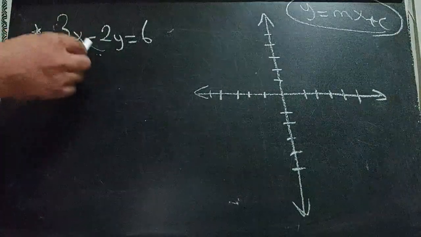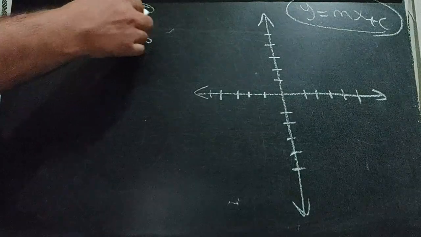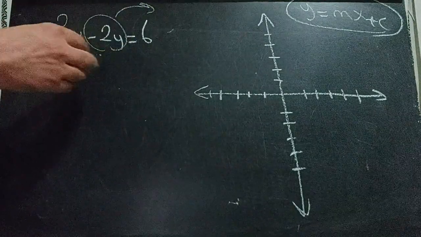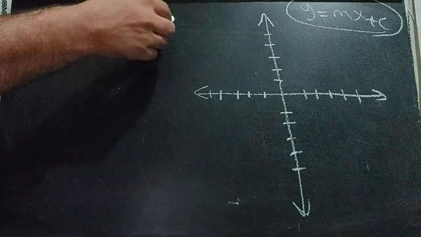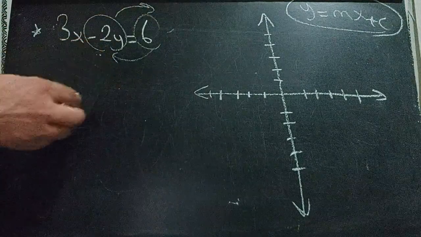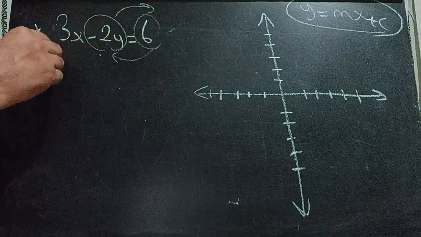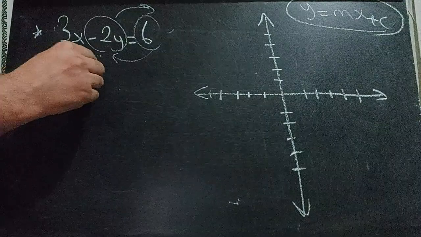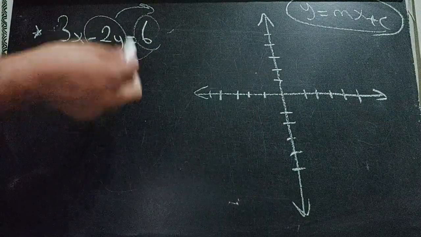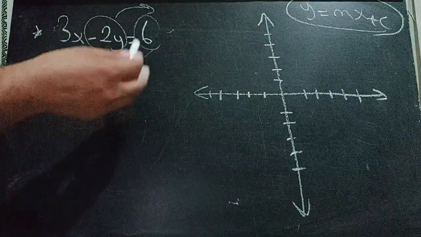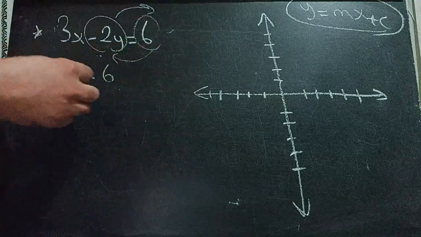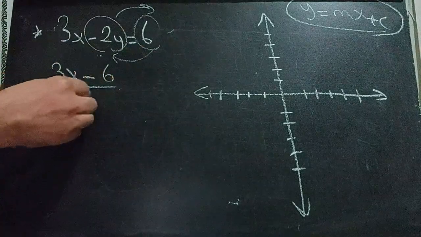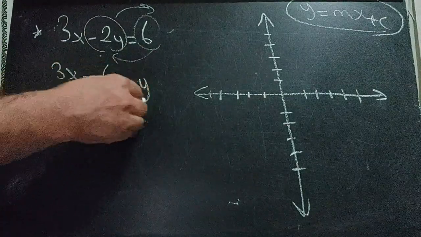So I take y to the other side as positive to not deal with negative sign later. I'm taking y to the side and this one to the side as positive, negative. That will be 3x minus 6 equals 2y. 2 is multiplication, will come to the side as division. It will be over 2 equals y.